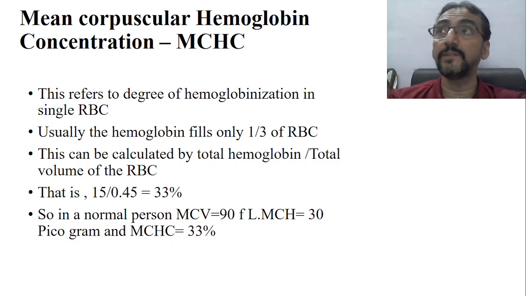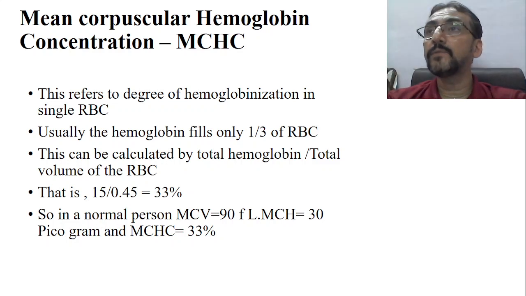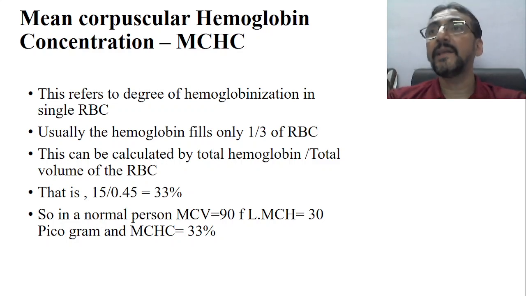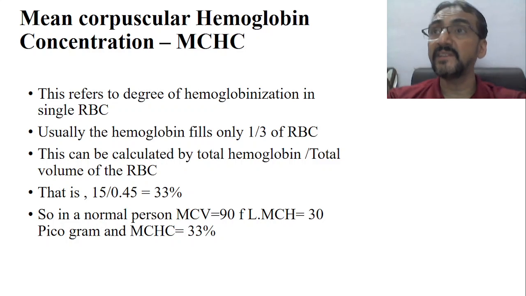Total volume of the RBC is PCV, 0.45. That gives the degree of hemoglobinization, how much hemoglobinization has happened in general. So it can be calculated by the total amount of hemoglobin divided by the total volume of the RBC. That comes to 33%. Now things are very clear. MCV is 90, MCH is 30, and MCHC is 33%.